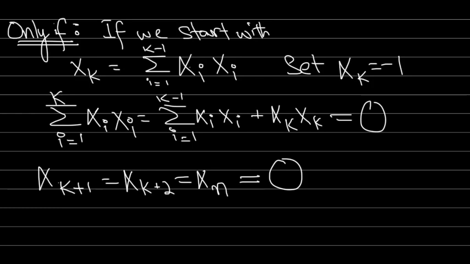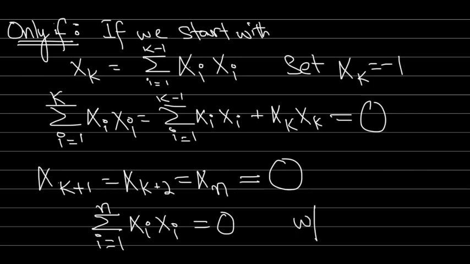So we have then that the summation from i equal to 1 to n of alpha i xi is simply 0, with of course some alpha i being non-zero.